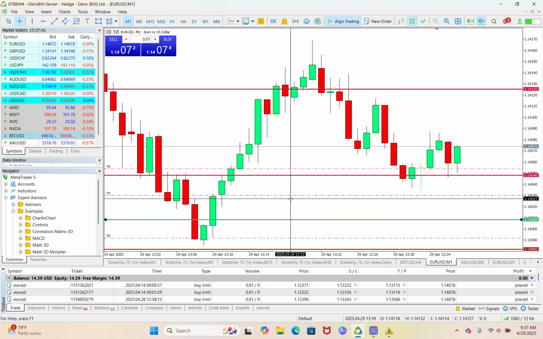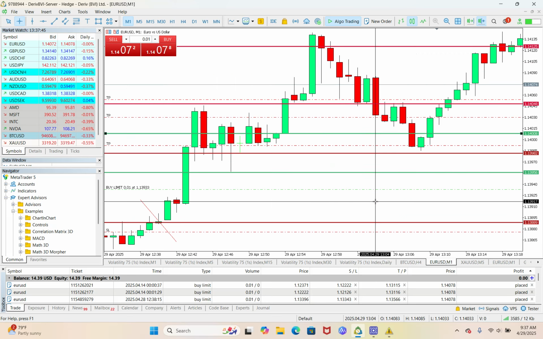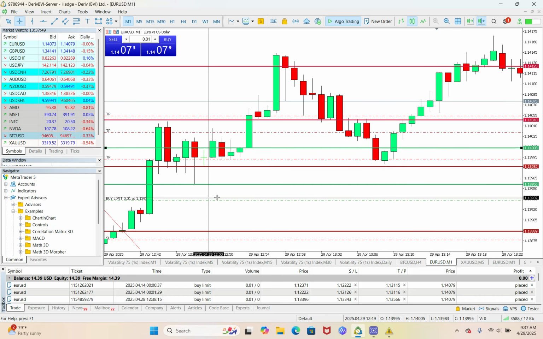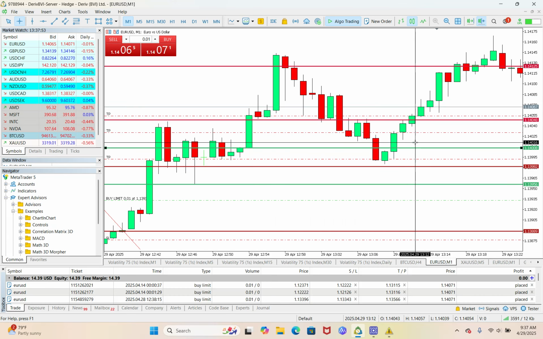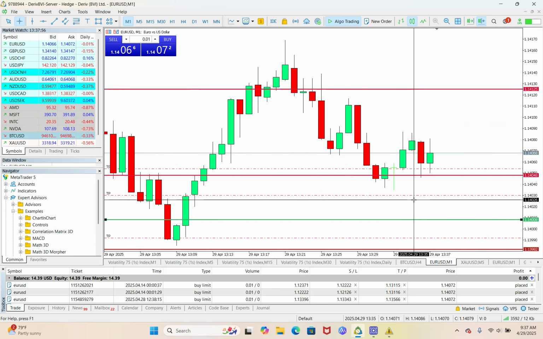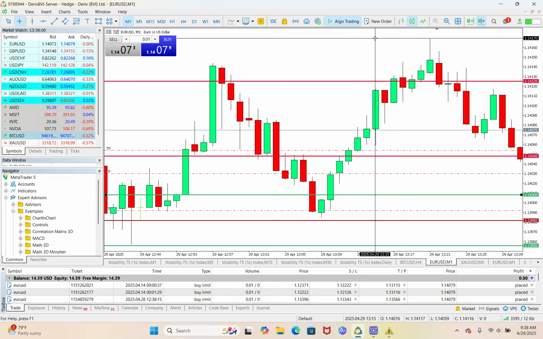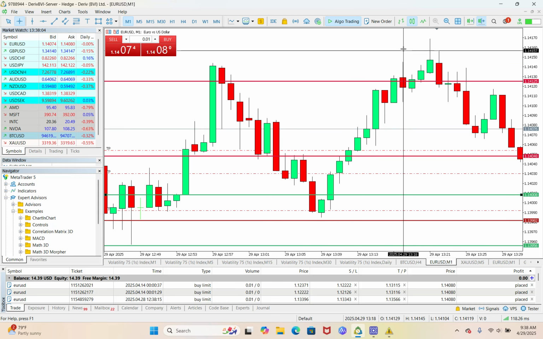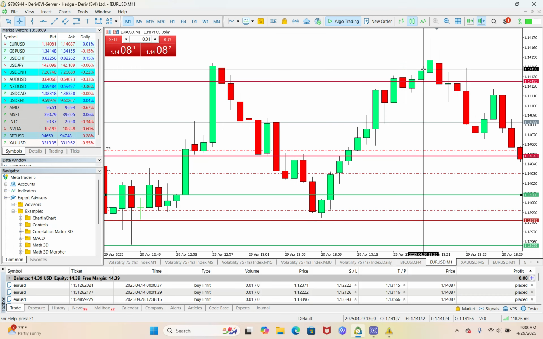Strong bull candle right in this area, but this area is a pullback into this area, right? But in order for this to qualify for us, the market have to break and move away from this structure, right?